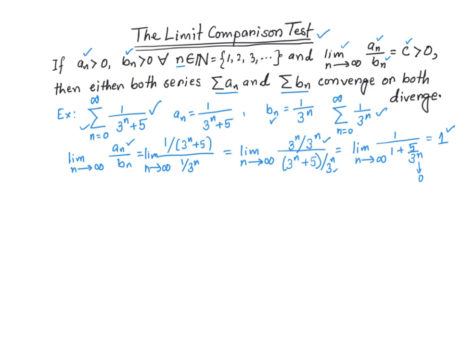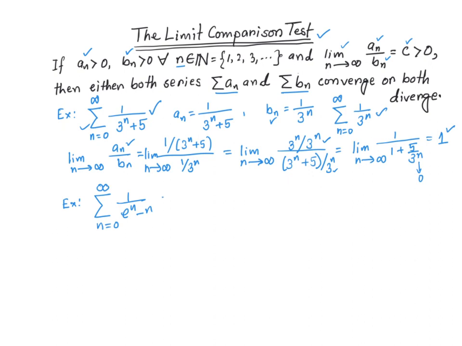Let's give you another example, which will be slightly different. This one was a very simple example. So let's say the summation of 1 over e to the power n minus n, okay? Let's make n go from 0 to infinity.